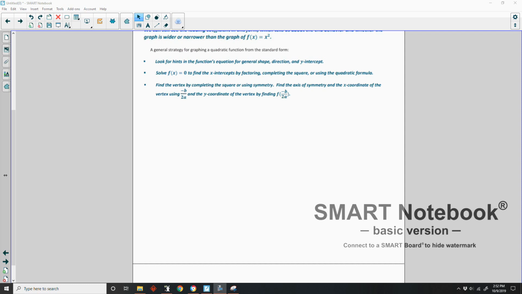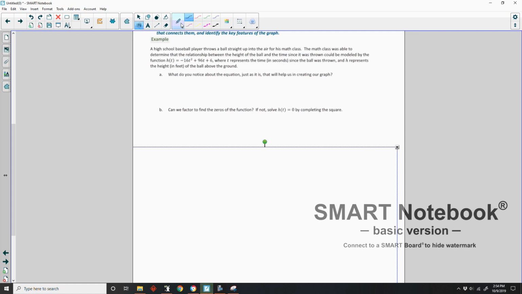Find the axis of symmetry and the x-coordinate of the vertex by using negative b over 2a, and the y-coordinate of the vertex by finding f of negative b over 2a. In other words, you find negative b over 2a, and then you take that value and substitute it in for x to find your y. And finally, you need to plot the points you know. At least 3 are required for a unique quadratic function. Sketch the graph of the curve that connects them and identify the key features of that graph.